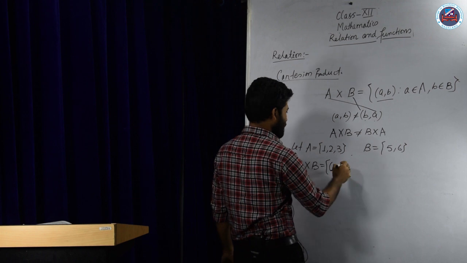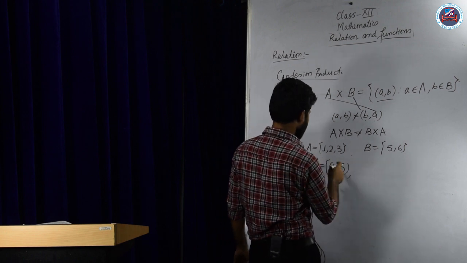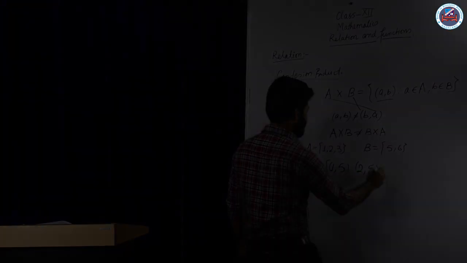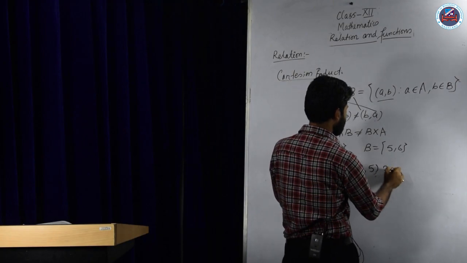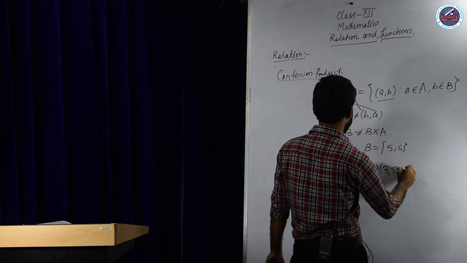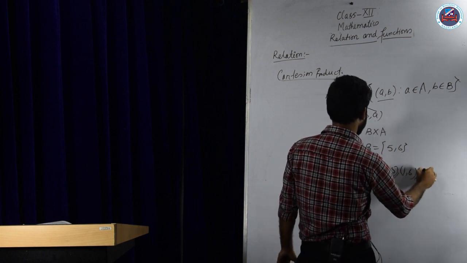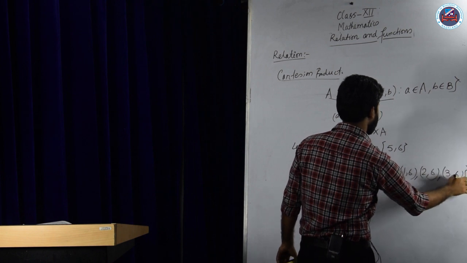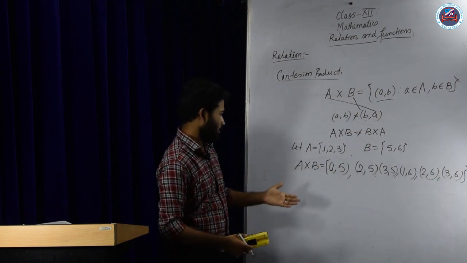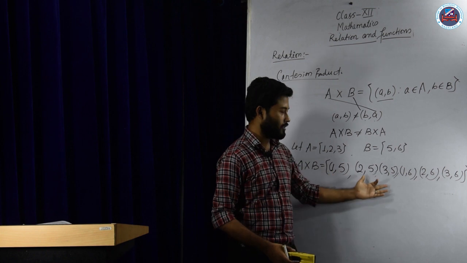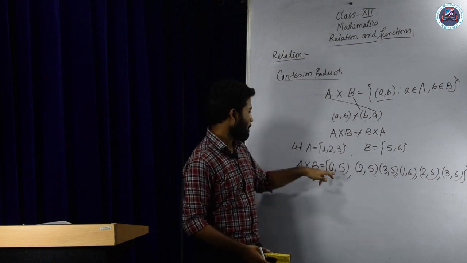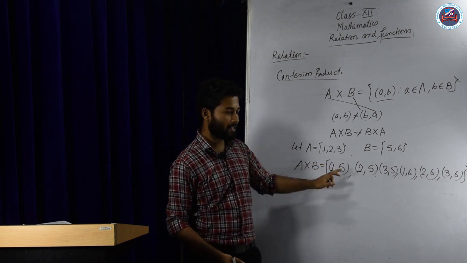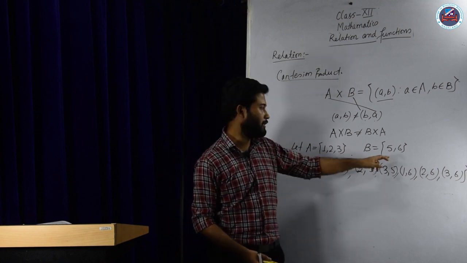Again, the first element from the set A, 2, second from set B, 5. Then (2, 5), then (3, 5), then (1, 6), (2, 6), (3, 6). So clearly, in all the ordered pairs in this collection, the first elements are coming from the set A and the second elements are coming from the set B.